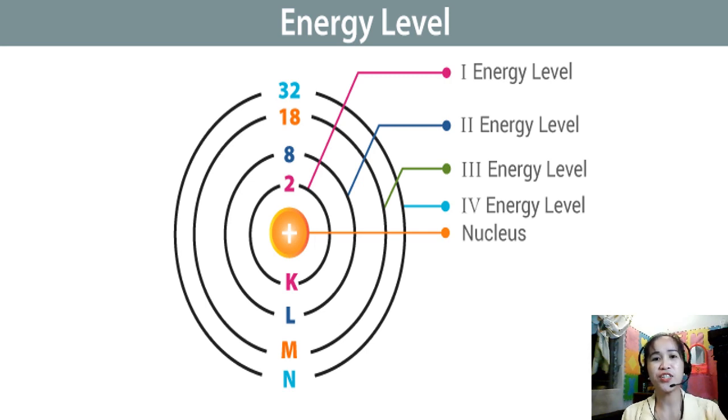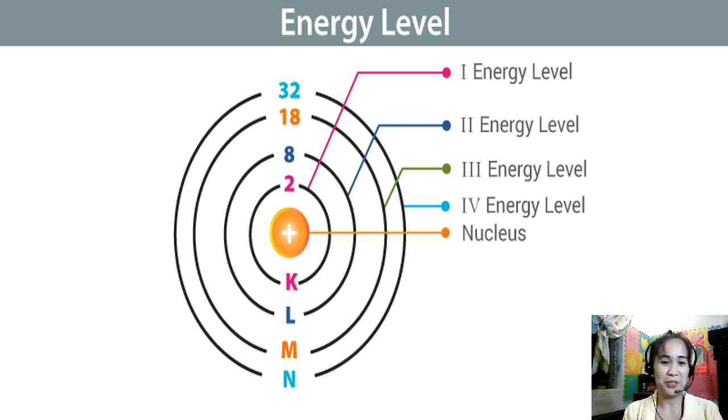So this is the energy level that electrons occupy first. It can accommodate a maximum of 2 electrons only. So if there are more than 2 electrons, they will occupy the succeeding higher energy levels.